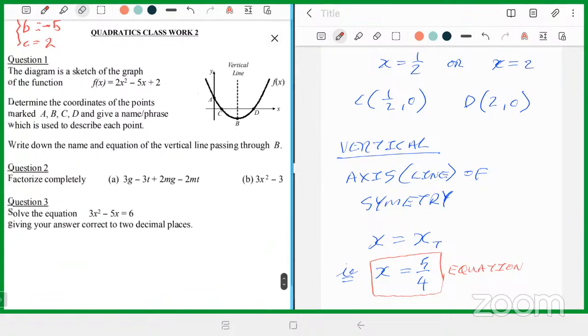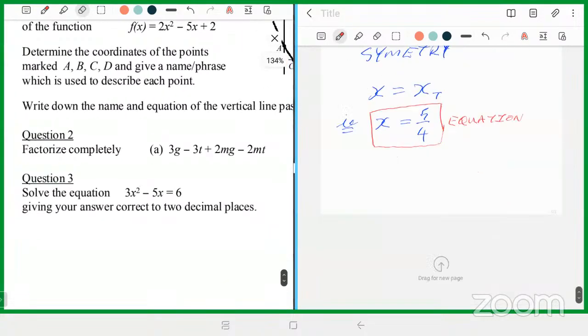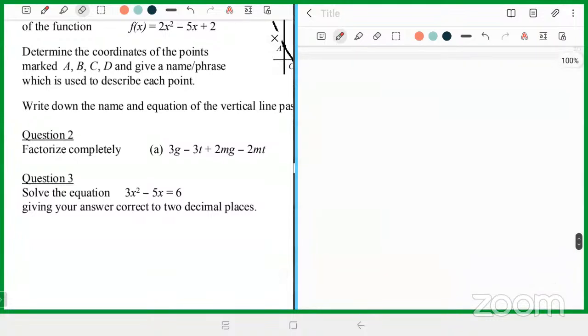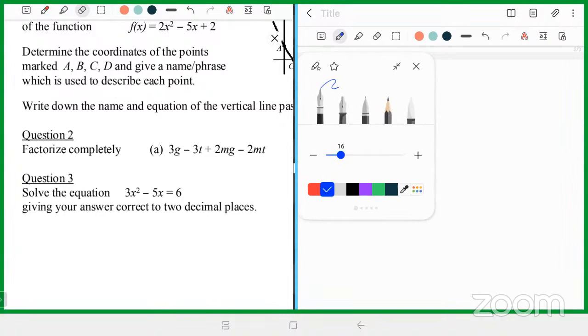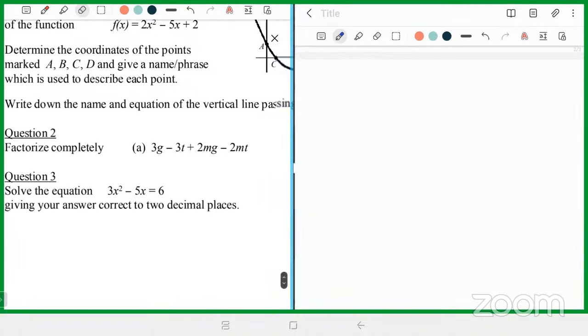All right, good. Let's jump down to here now. We have some factorization to do as well. We had this first thing to factorize right here. I see 4 terms there, so I'm thinking it's factorization by parts, or what we call factorization by grouping. Normally when you're factorizing by parts with 4 terms, you want to set out the values in a way that is friendly to the process.